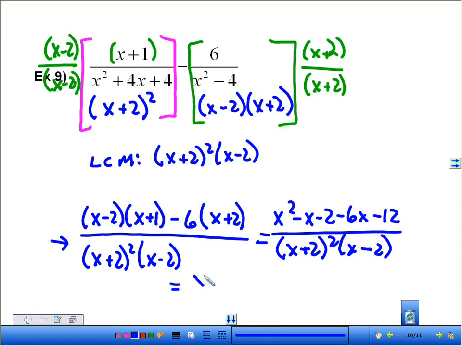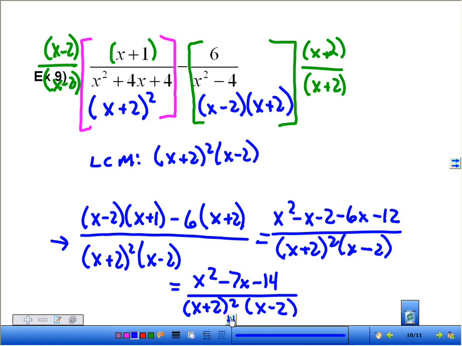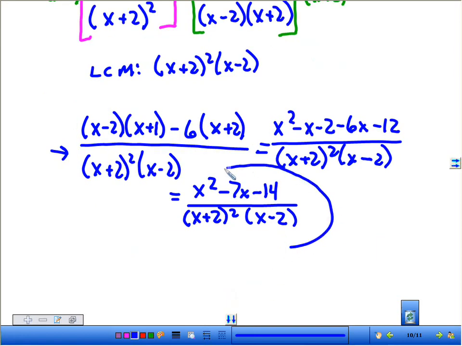In the numerator, we have x squared minus 7x minus 14. Denominator stays the same. I see that I cannot factor this, so my final answer is that.